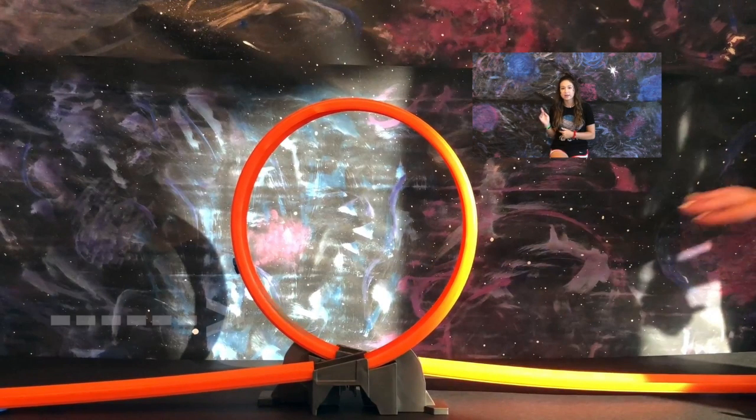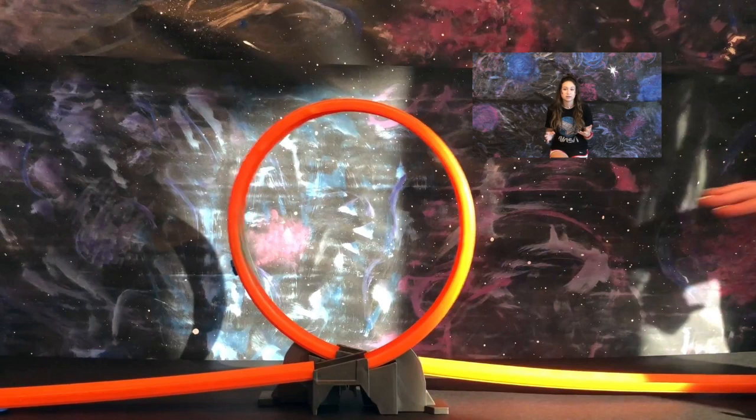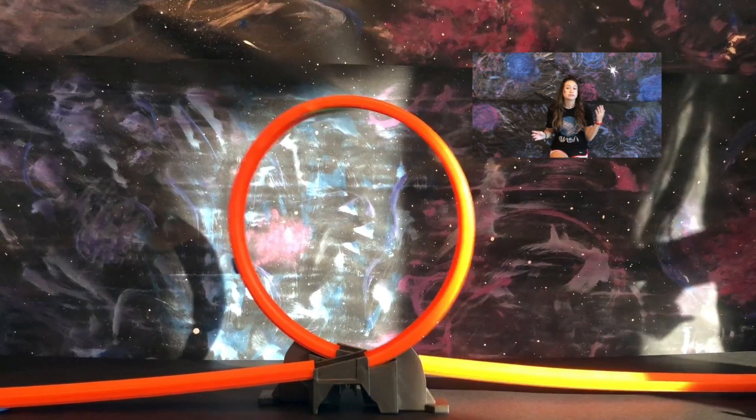The apparent weight of an object in a circle is determined by how much of the normal force that object is experiencing. For example, when the car on this Hot Wheels track is at the bottom, its apparent weight is greater. This is because it has both the normal force and the centripetal force acting on it. On the other hand, when it is at the top, its apparent weight is less than the actual weight of the object.